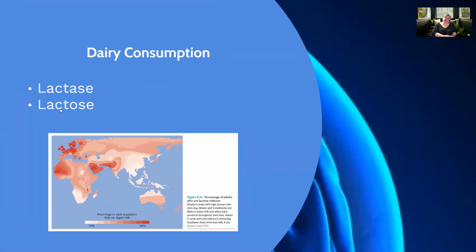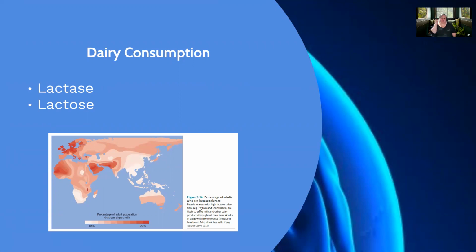We have this enzyme lactase to help us break down lactose so that we can drink milk. A lot of animals over time, and even a lot of humans, lose that lactase after a while because they're weaned off of milk and encouraged to start eating other foods. As we grow up, if we don't continue drinking milk, then we don't need lactase anymore because we're not consuming lactose.